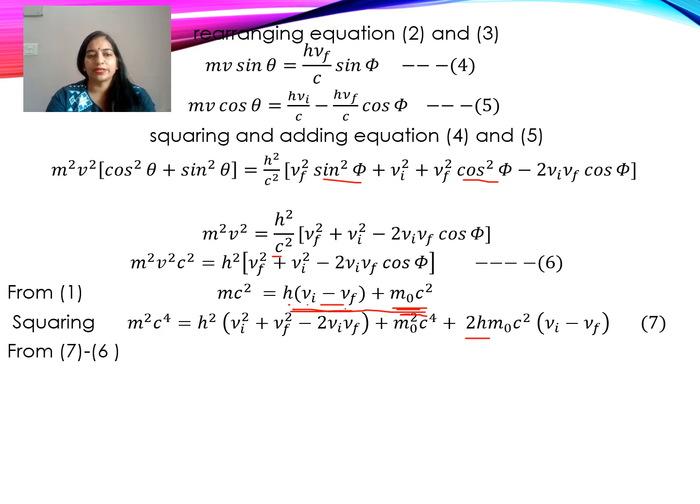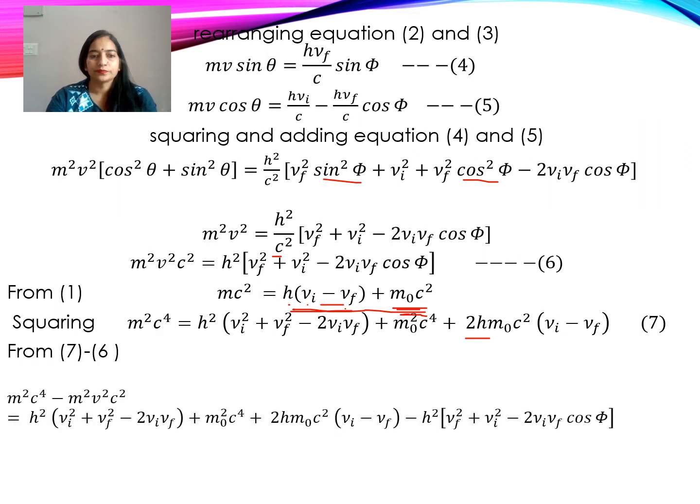We have to subtract equation 6 from 7. So from 7 minus 6: m square c to power 4 minus m square v square c square equals h square, first we write this whole term, minus then this term, h square times nu f square plus nu I square minus 2 nu I nu f cos phi.